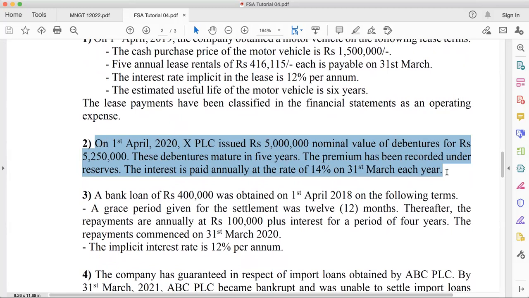On 1st April 2020, the company issued 5 million nominal value of debentures for 5,250,000.